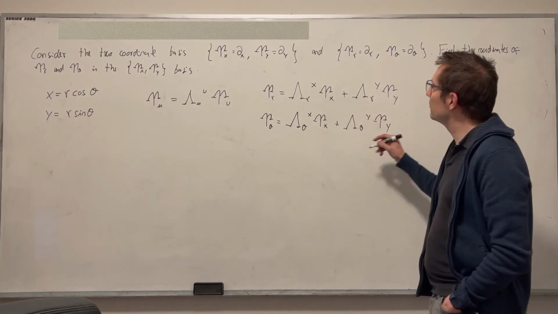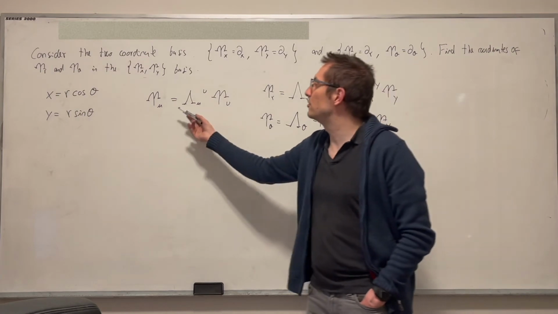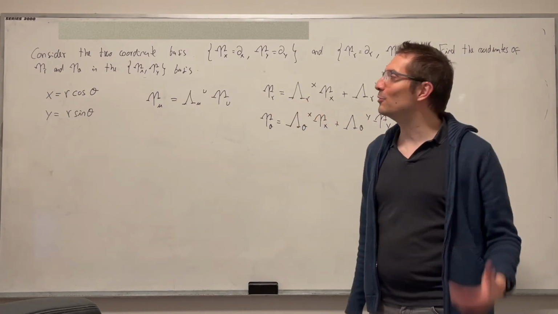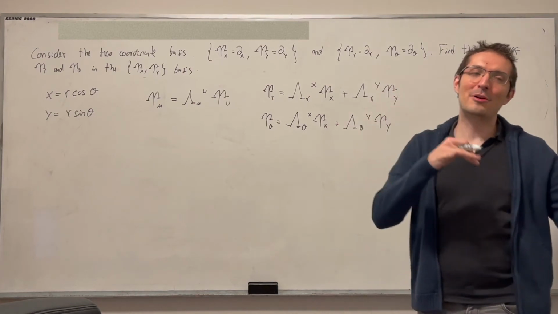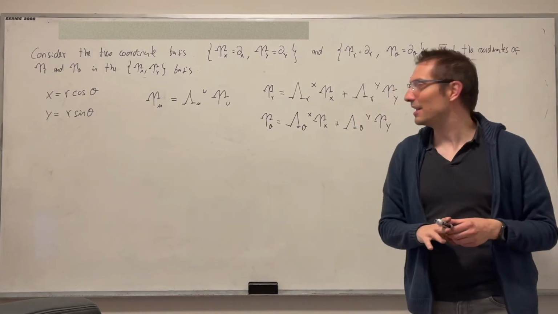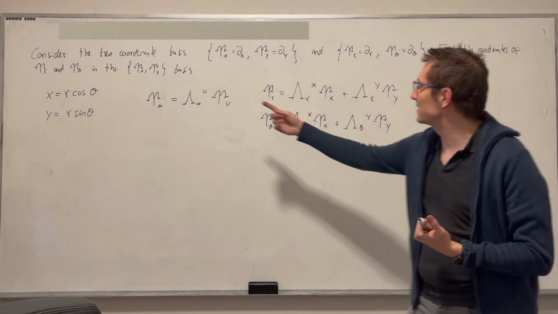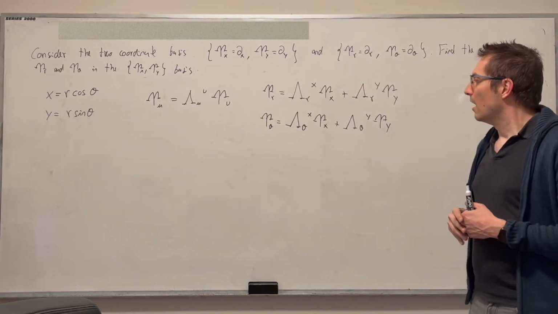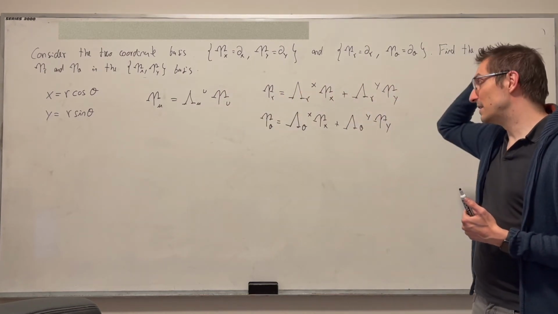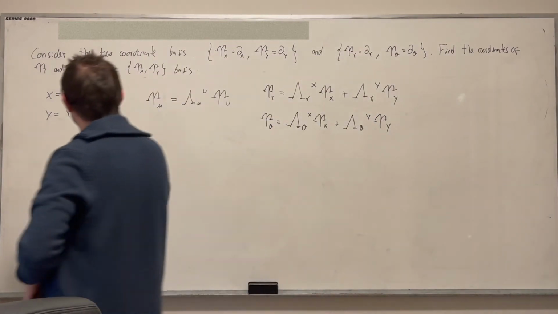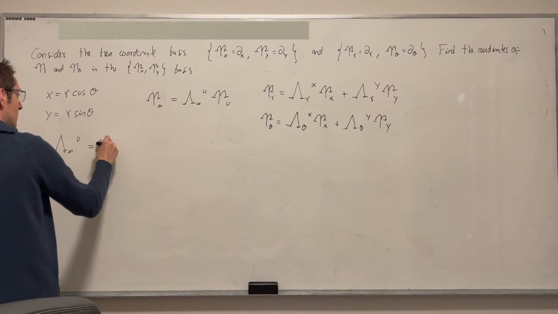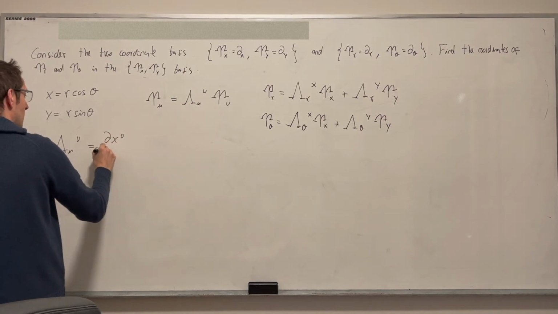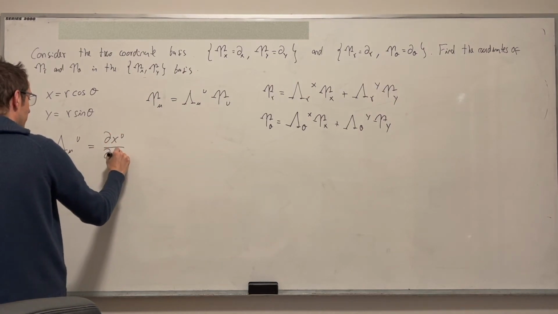So you see, instead of using numbers, mu equals 1, 2, the labels 1 and 2 I identify with x and y, and the labels 1 and 2 of the prime coordinates I identify with r and theta. All right, and this is the Einstein sum. Okay, so we need to find those matrix elements, but that's easy, because I know that lambda mu nu is equal to partial x nu, partial x mu prime.